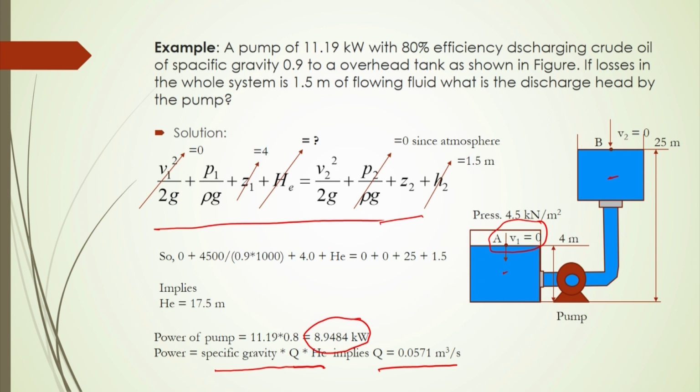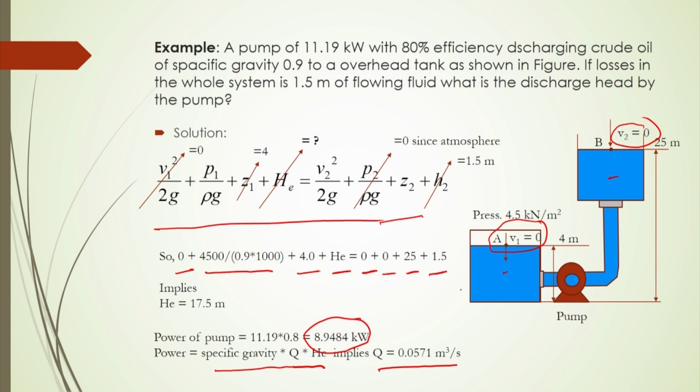So if we substitute V1 equal to 0 and P1 like this, Z1 is 4, and AC is unknown to you. Here again V2 is 0, and P2 is also atmospheric pressure, so P2 is 0, and then Z2 is given as 25, and H2 is 1.5.